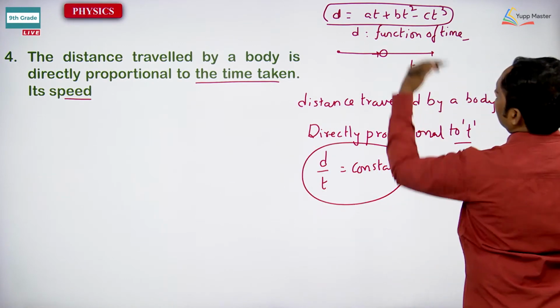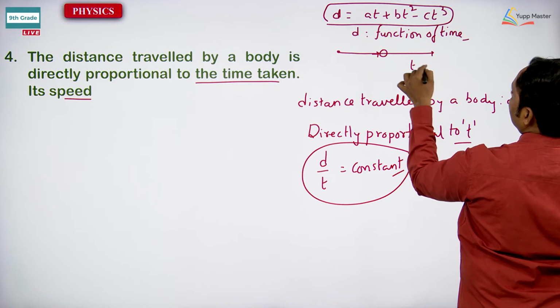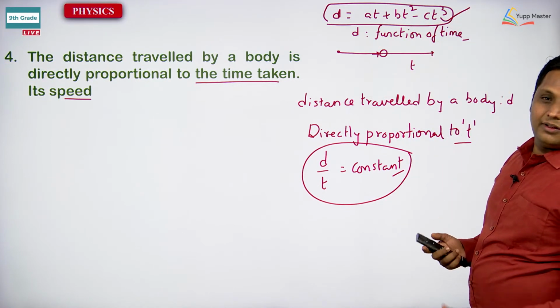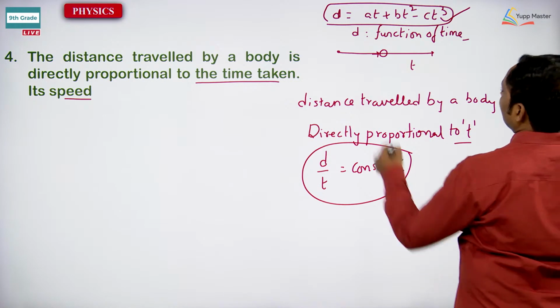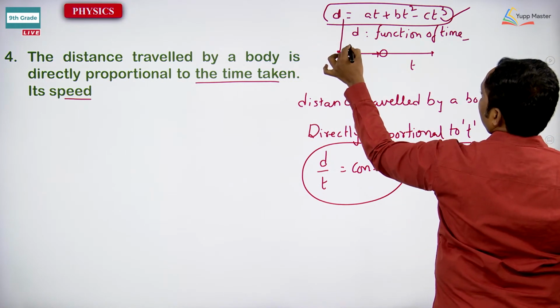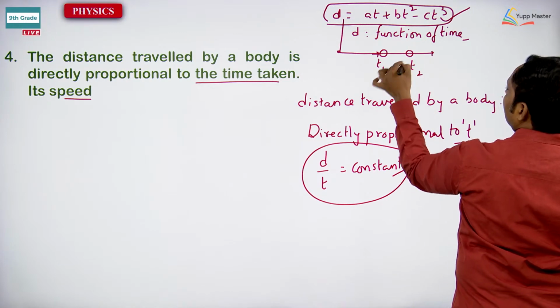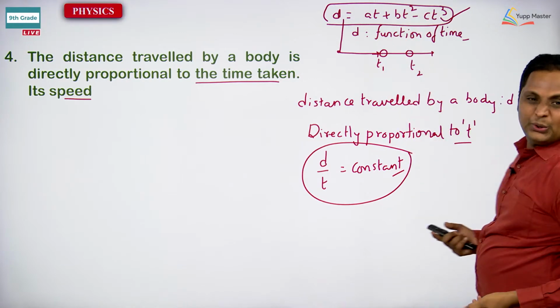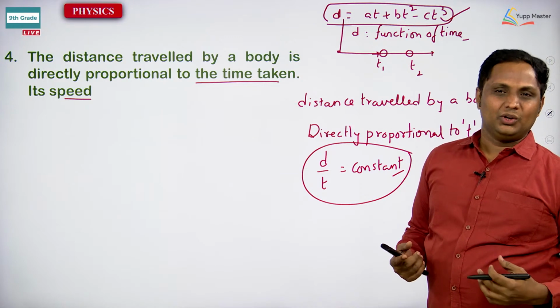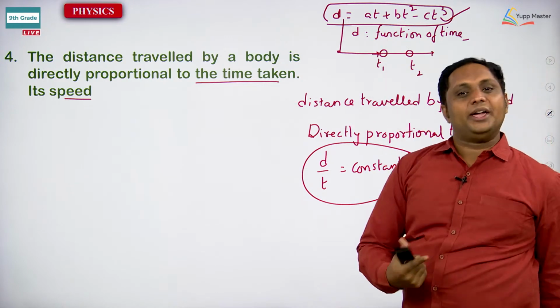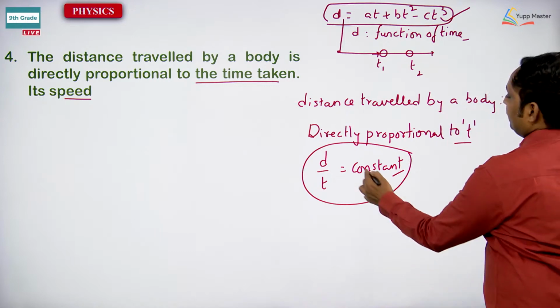What we have taken, that is d is going to be exhibiting this. If you take it at the t1 interval, t2 interval, just write that the total distance covered by the body can be expressed as a function of time, it is very clear. So, it depends on that time.